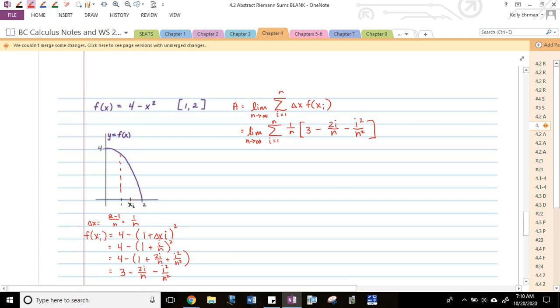All right. So what did I do last time? Well, last time I separated things out, but I don't think I want to factor this out. Since I don't have an easy way to remove the n squareds, I'm going to go ahead and distribute the n through.